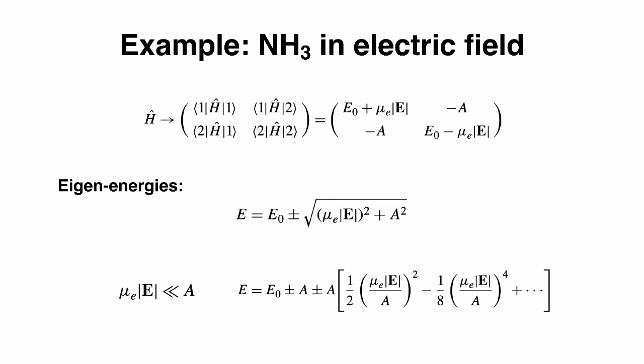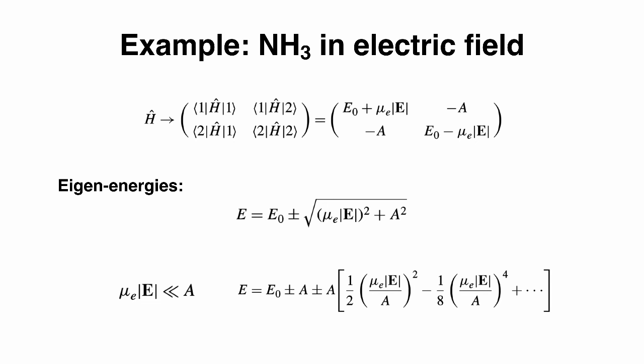In that case, we can express a Taylor series for the square root that there is in the exact solution for the energy. And then we found that indeed the energy ends up being an infinite series of powers of mu_e times E.